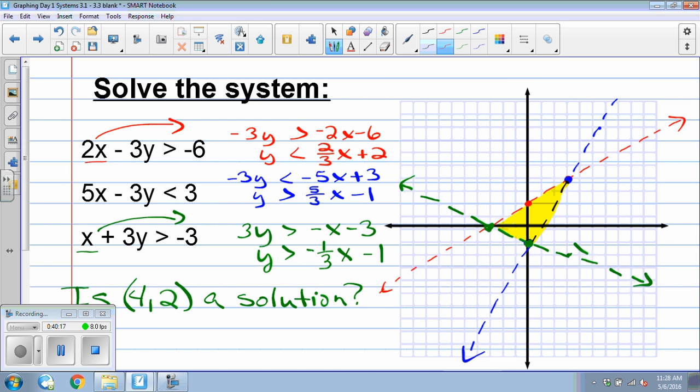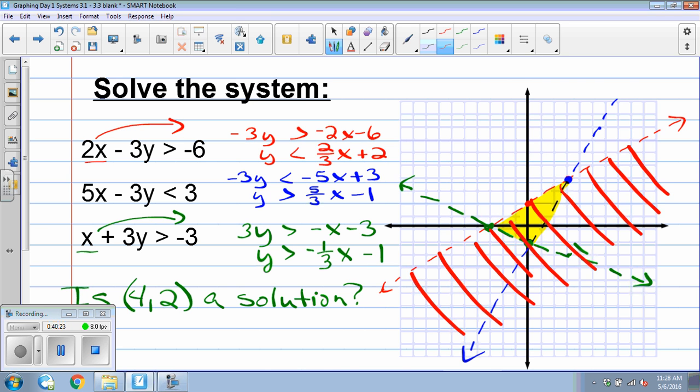Because my red line would be below. My blue line shades above, so it's all of this. And the green one, negative 1/3 is positive. Why? The three that you divide by is not negative.